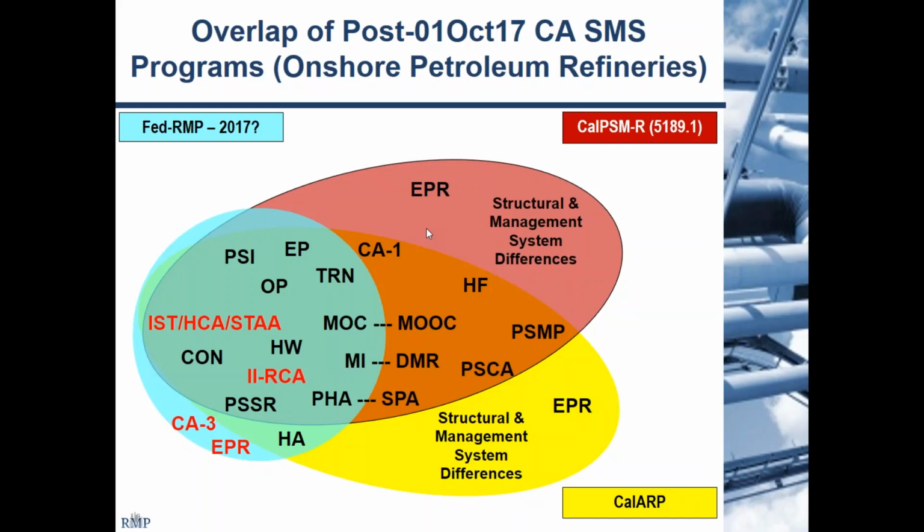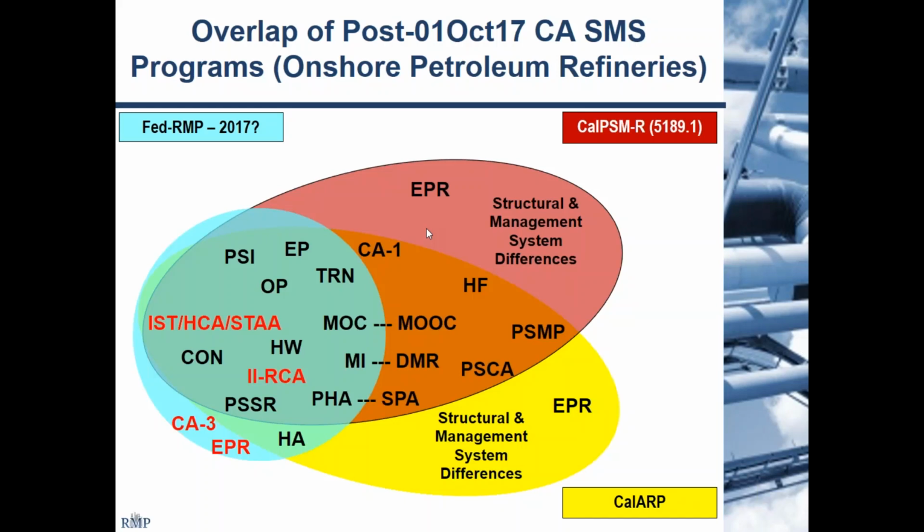There are differences, primarily in terms of where things are located, and also some management system differences. For example, the CalARP Program 4 requirements allow the UPA, the agency that's administering the CalARP program in California, to post copies of incident investigation and hierarchy of hazard control analysis on their website for public viewing.